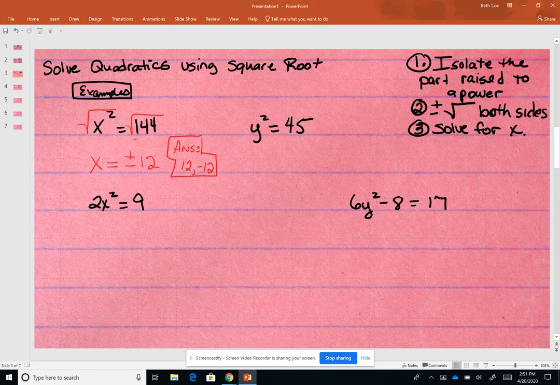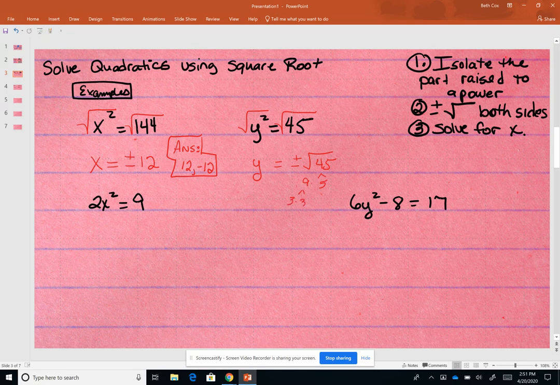All right. The second one, y squared equals 45. Again, we're going to do the same thing. The part raised to a power is isolated, so now I'm just going to square root both sides. That's going to give me y equals the positive and negative square root of 45. Well, I need to simplify this. So you need to simplify your radical.